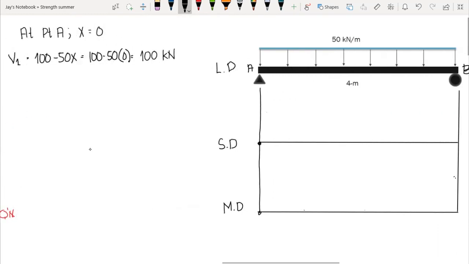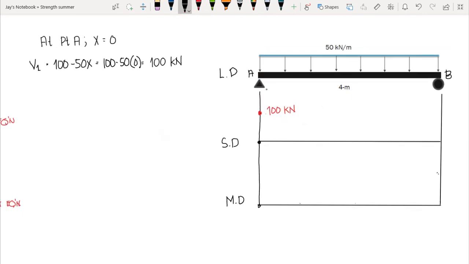So if we plot it on our shear diagram, at this point we know that this is 100 kilonewton, and our 100 kilonewton shear here is equal to our reaction at A, correct?